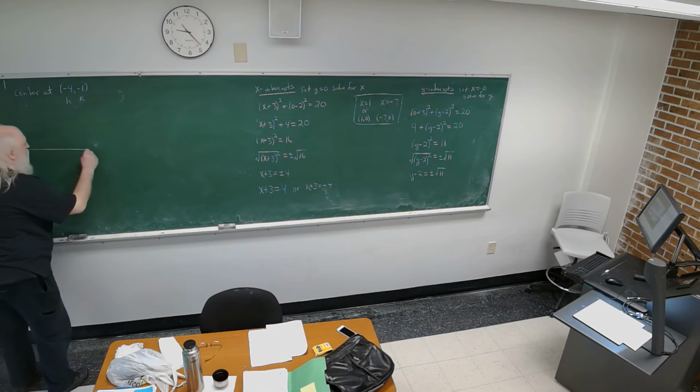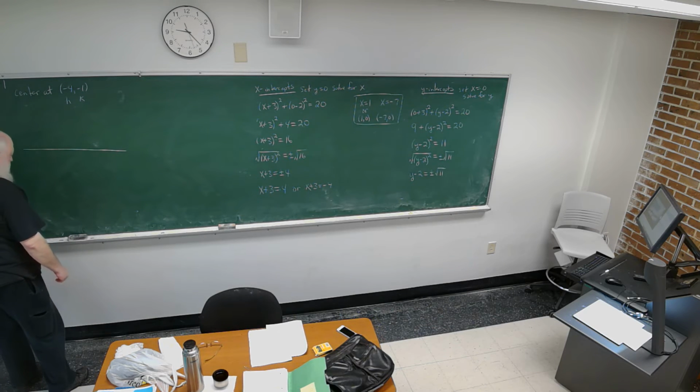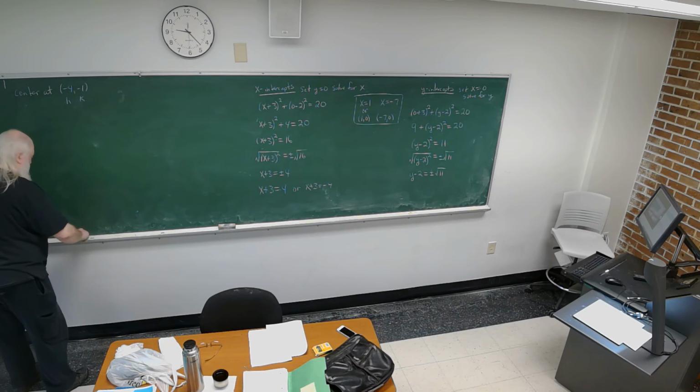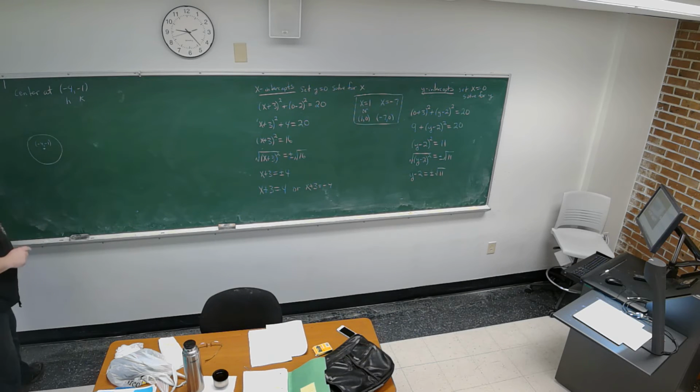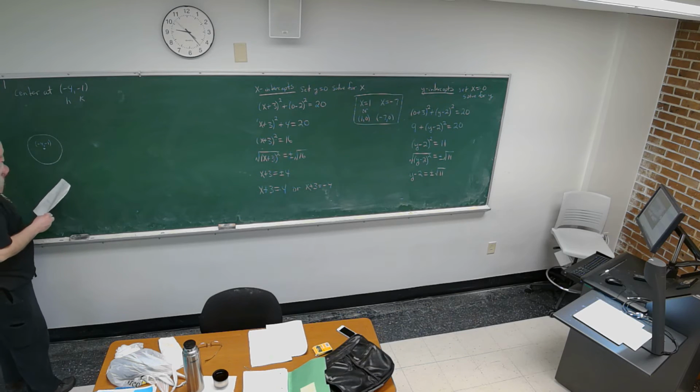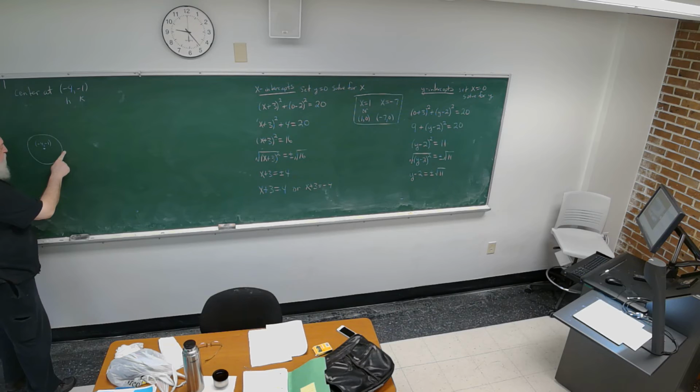So I have provided you with a coordinate plane. And again, I'm going to draw the circle for it first. And the center is at -4, -1 in the coordinate plane. And this circle is tangent to the vertical line x equals -1.